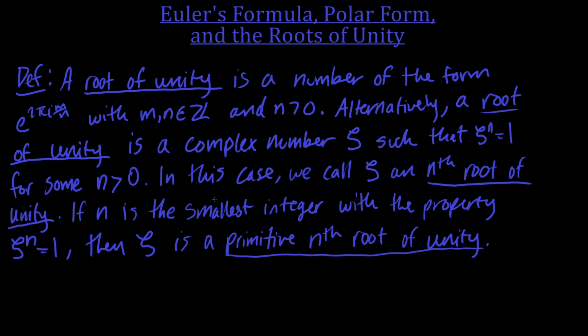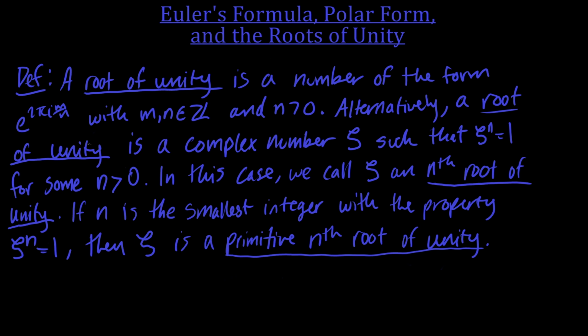Awesome. Next we have, in this case, we call zeta an nth root of unity. So what this is getting at is, well, let's say we have the root of unity e to the power 2 pi i m over 3. So we simply subbed in 3 for n. Well, the exponent we need to raise that number to get it to equal 1, according to the last section, is 3.